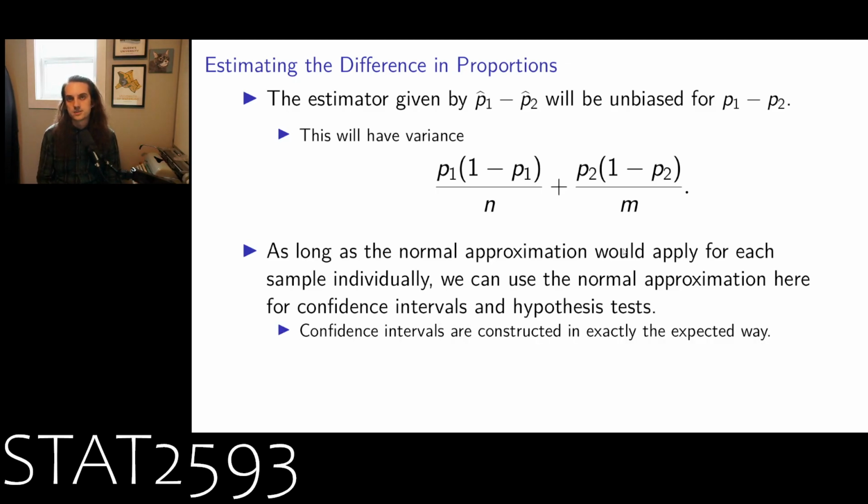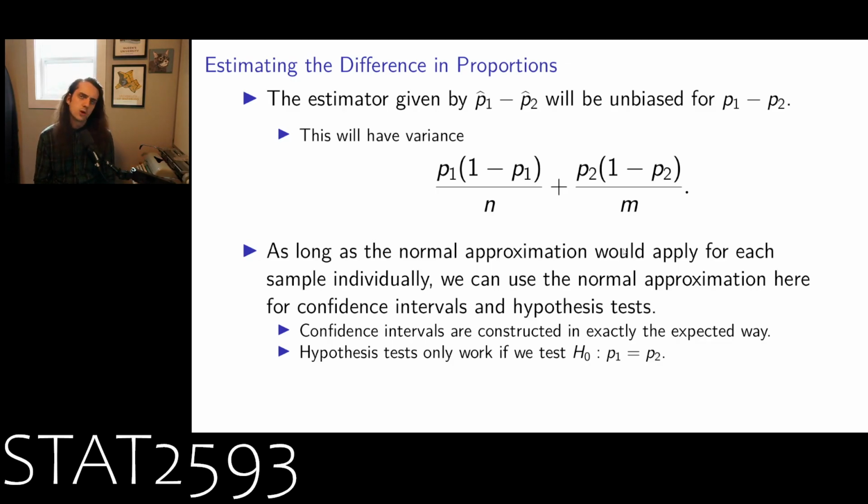So confidence intervals are going to be constructed in exactly the expected way. Now, with hypothesis tests, there's sort of one interesting or perhaps strange scenario, and that's we can only test one hypothesis in this case, right? And that's the hypothesis that P1 equals P2, or that their difference is exactly equal to 0. And the reason for this is that if you're actually testing a different difference there, the approximation that we're using sort of starts to fall down.